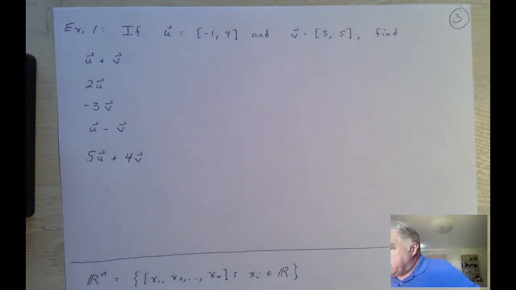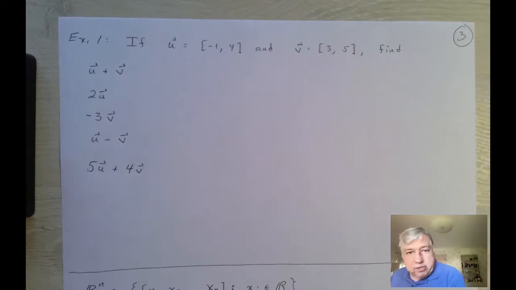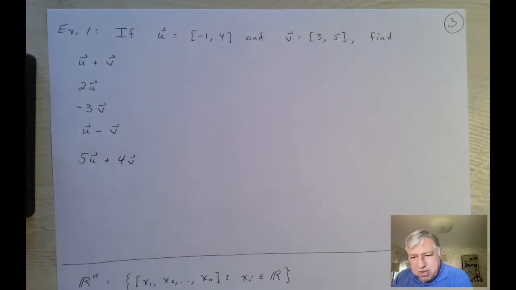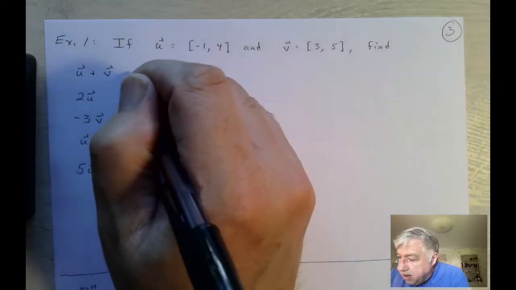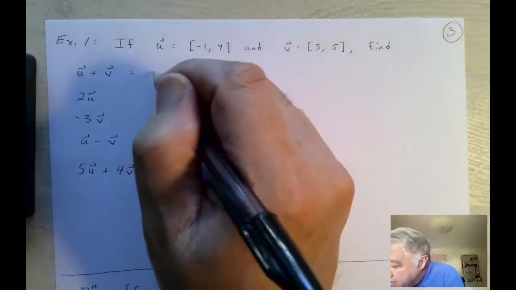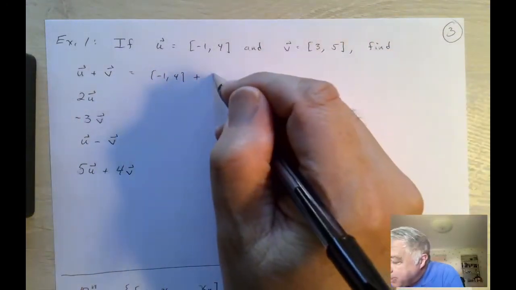Let's go to the first example here, Example 1 on page 3. This is really just going to be a case of doing arithmetic. In this case, u is negative 1, 4 and v is 3, 5.